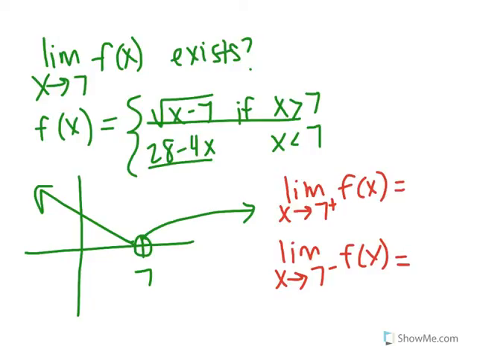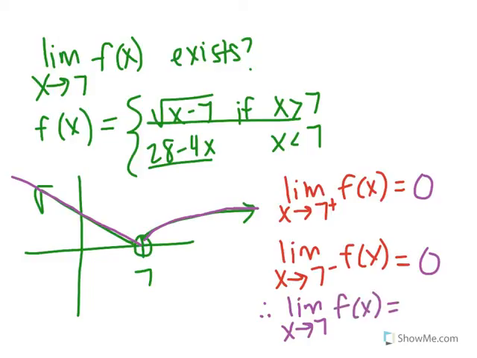So if I come in from the positives, so I approach 7 from the positives, I end up getting 0. If I approach 7 from the negative side, I also get 0. So you'd say, therefore, the limit as x approaches 7 of f of x is 0, because of the fact that those were the same.